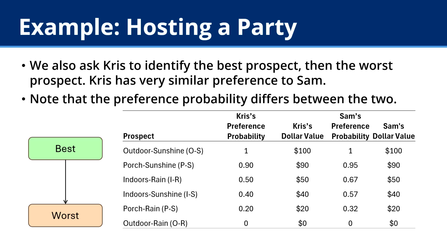But the difference is that if you look at the preferences, the values in this column do differ from this column. We've set the dollar values equivalent, but the preferences themselves are different. For each outcome, Sam's and Chris's preferences do vary.